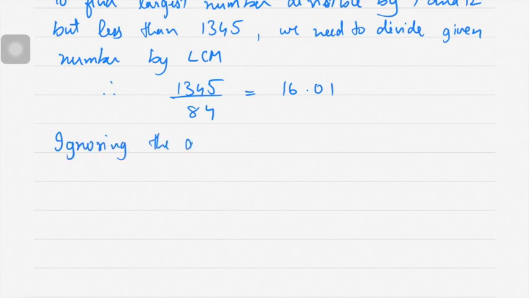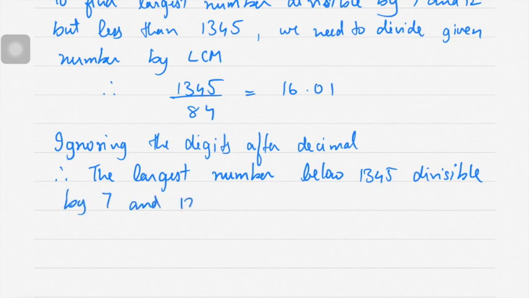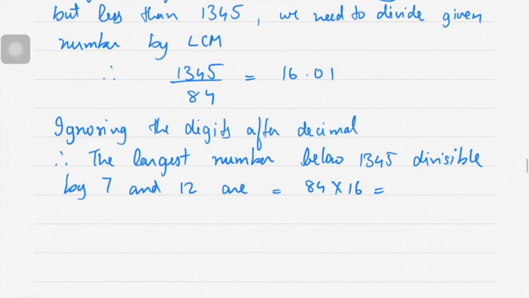Ignoring the digits after the decimal, therefore the largest number below 1345 divisible by 7 and 12 is 84 into 16.